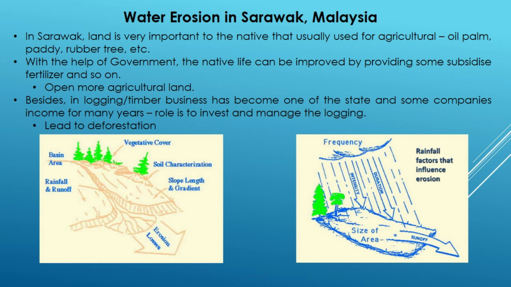In Sarawak, land is very important to the natives, who usually use it for agriculture, such as oil palm plantation, paddy, rubber trees, peppers, and so on. The government has a great effect on agricultural land, helping the natives improve their lives in terms of agricultural resources.